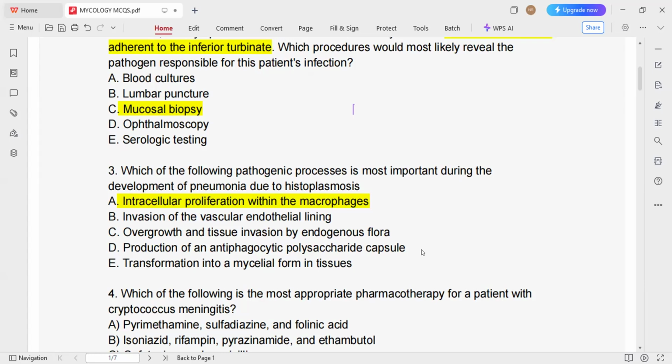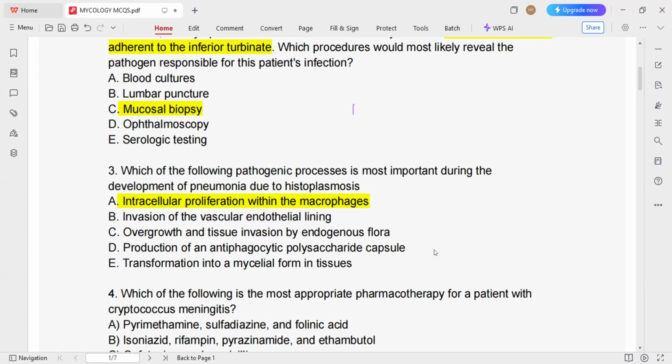Now, most of the time, they usually say at 20 degrees Celsius or at cold, it is usually multicellular. It becomes multicellular, a mold. Then when you increase the temperature to like 37 degrees Celsius, in our bodies now, it becomes a yeast. Okay, that is the pattern for dimorphic fungi.